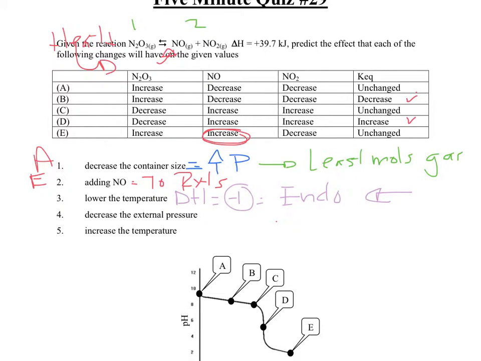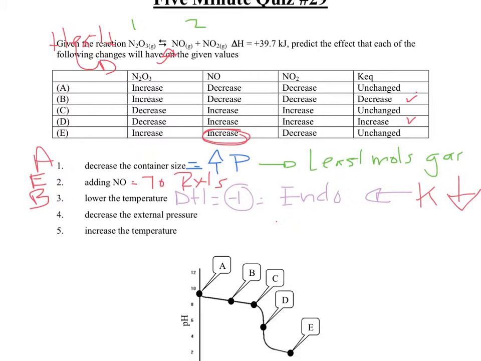And so that means what has to happen to K? K changes how? Because the reactants go up, it's got to go down. Why? Because reactants are in the denominator. So what has to be the answer? Has to be B.